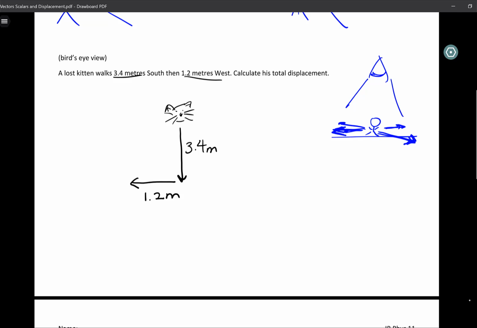So when we calculate the total displacement, remember we always draw an arrow starting from the starting point, and the tip of the arrow ends at where the kitten finishes. So that's our total displacement.